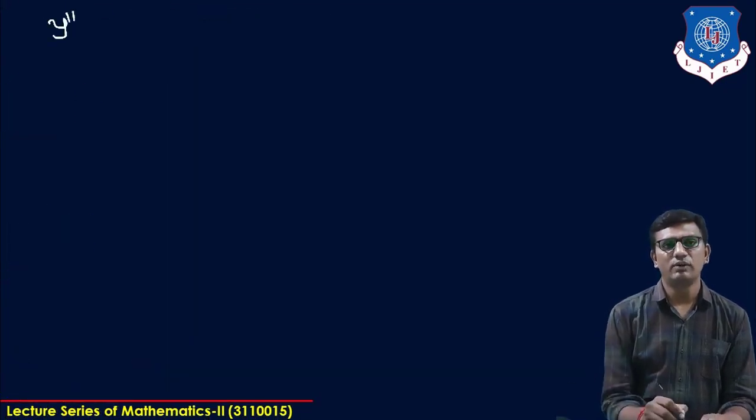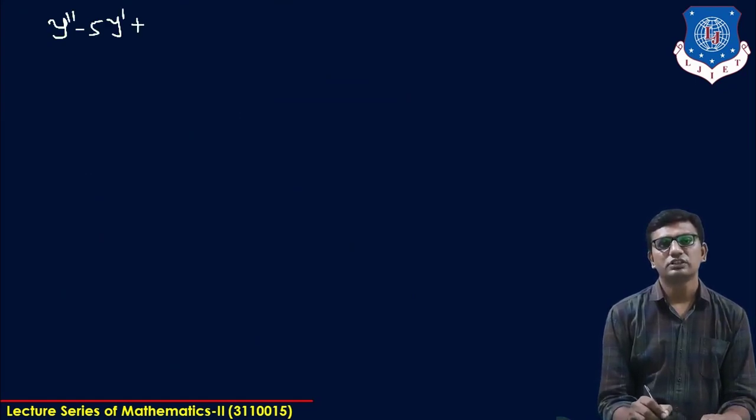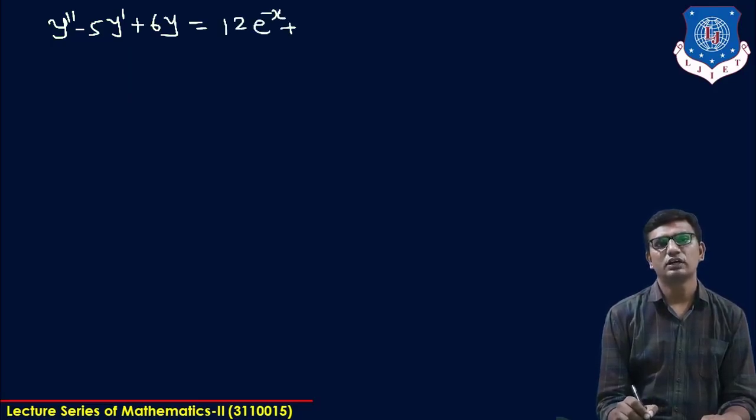Here y double dash minus 5y dash plus 6y equal to 12 e raised to minus x plus 24x square.